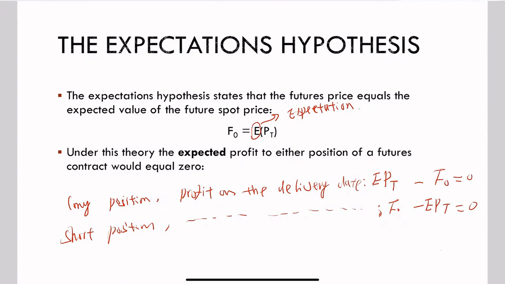Everybody's profit would be just 0. That's the implication on profits under the expectation hypothesis.